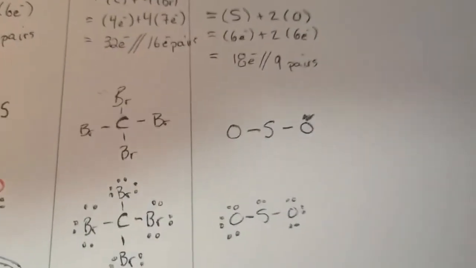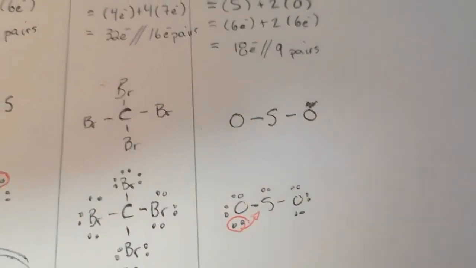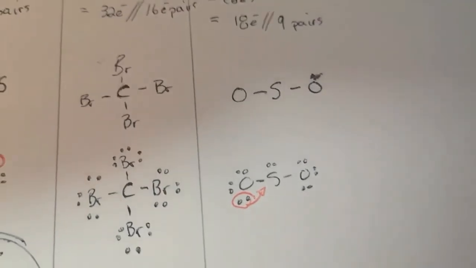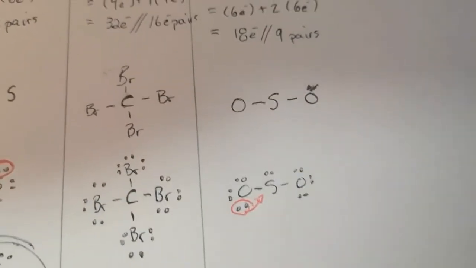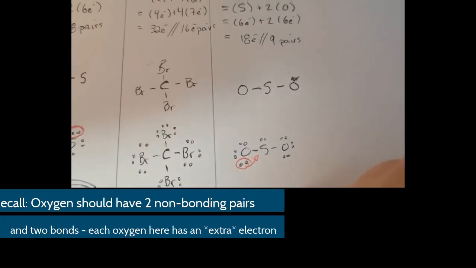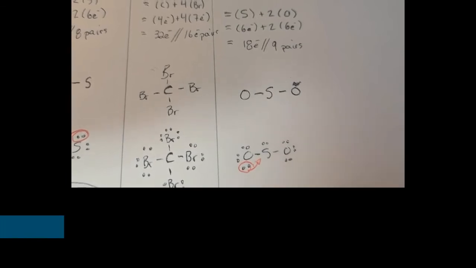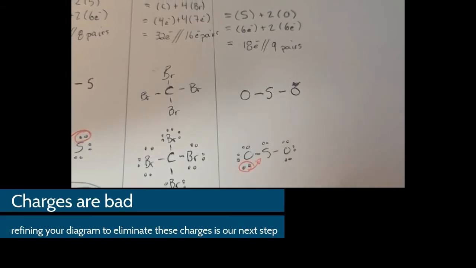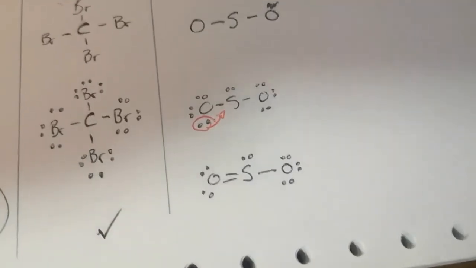Well, this leaves us with some interesting options. Number 1, we can convert this non-bonding pair into a shared pair. This can help satisfy the octet of oxygen and sulfur. Sulfur, here we are, now has 4 pairs of electrons around it.